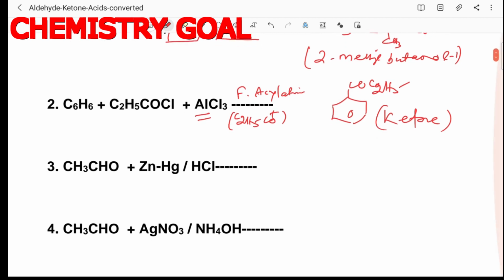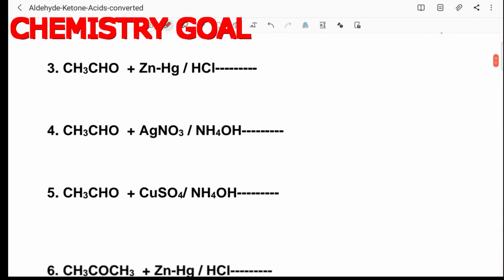You see the third reaction. The third reaction is CH3CHO with zinc amalgam and HCl. This is an important reducing agent. This reaction is called Clemmensen reduction. During Clemmensen reduction, all aldehydes and ketones convert to the corresponding alkane.